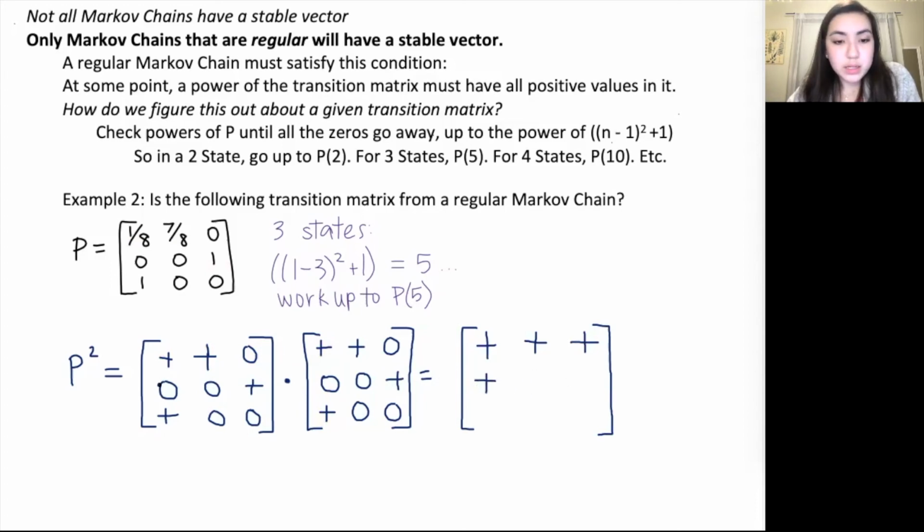Middle, taking 0 times a positive is 0. 0 times 0 is 0. And positive times 0 is 0. So we're going to be stuck with a 0 here, since we got all zeros for all 3 of those multiplications. For this spot, we're going to have a 0 times a 0 plus a 0 times a positive plus a positive times a 0. So all 3 of those got canceled out to be zeros and will add up to be a 0 as well.